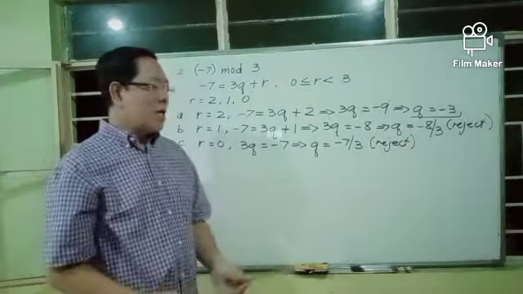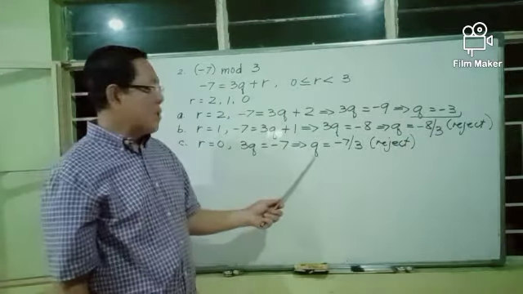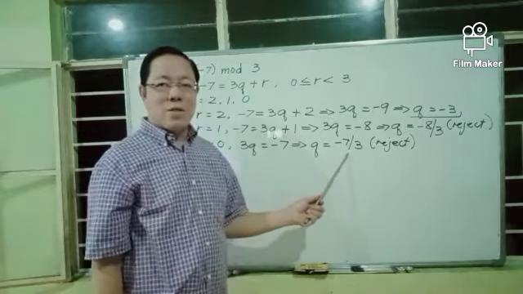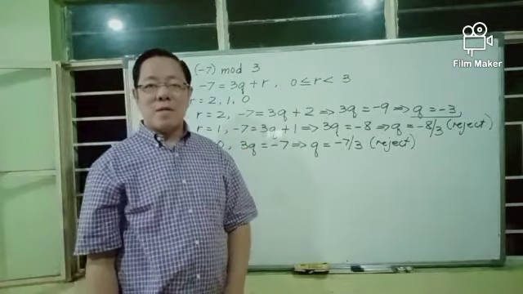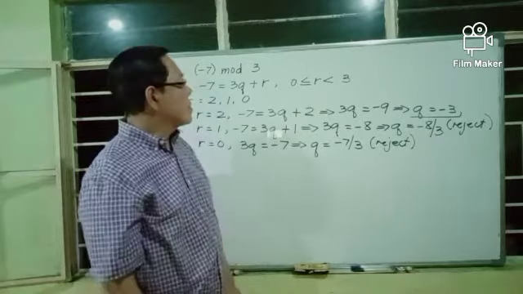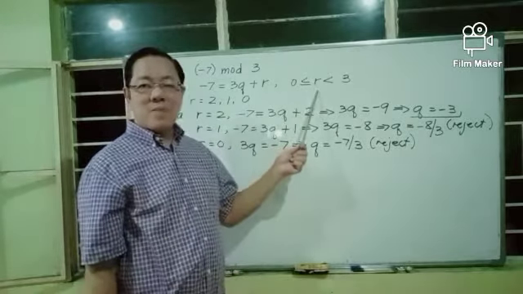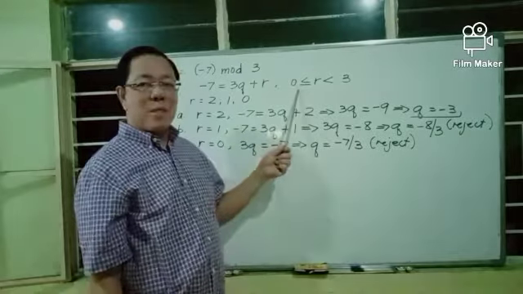Again, we reject this value of q because q is not an integer. In the division algorithm, the quotient and the remainder are integers, and the remainder is required to be non-negative.